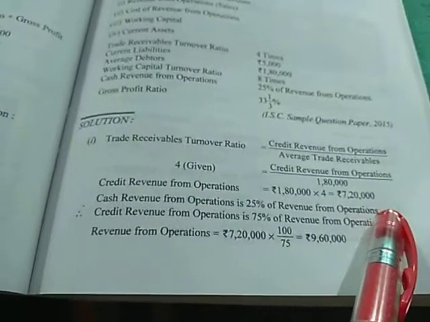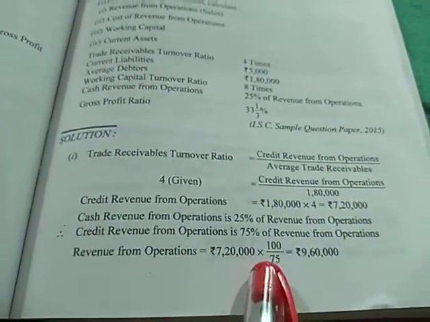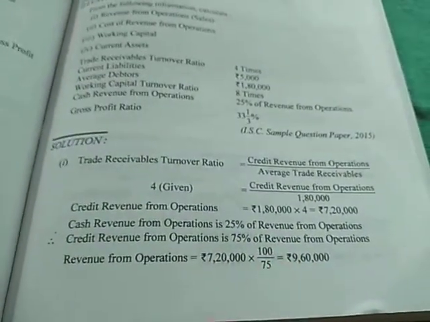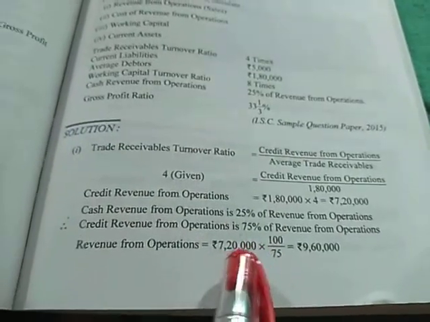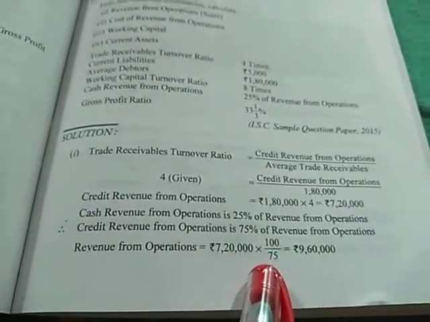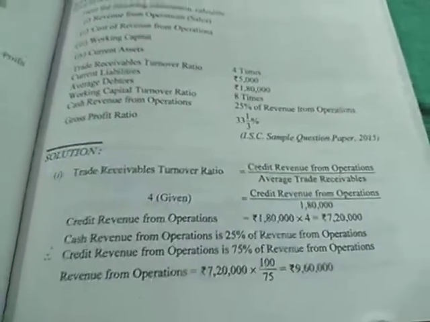When we know 7,20,000 is the credit revenue from operations, we can find out the total revenue from operations by multiplying it with the reverse of 75%, that is 100 by 75. So to find out revenue from operations, we have multiplied 7,20,000 with 100 by 75, that is 9,60,000. This will be our revenue from operations.